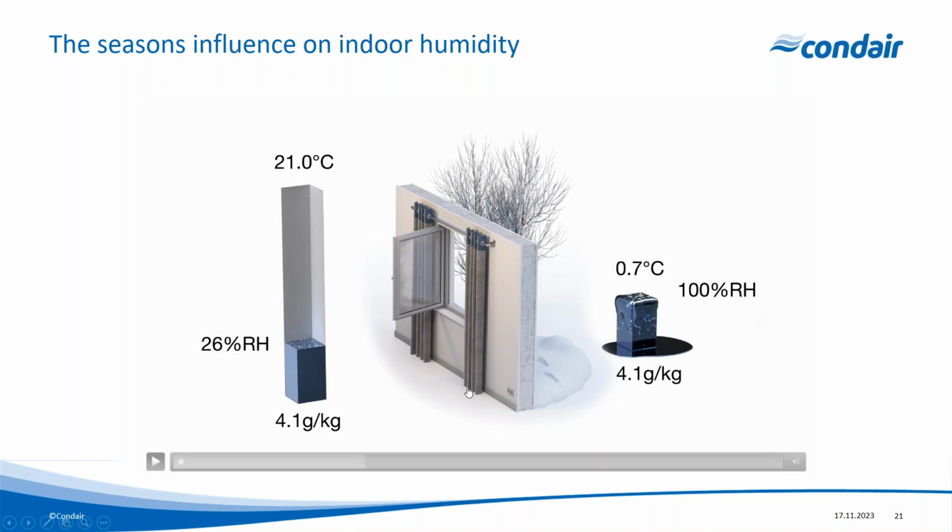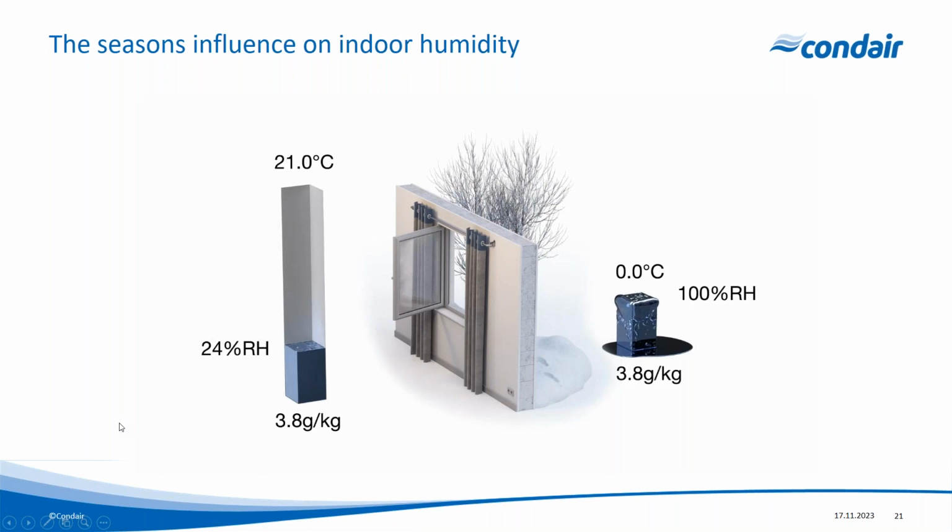But when that air then comes into the inside environment, my temperature is maintained at 21 degrees C, but my absolute moisture content is reduced. So my percentage saturation will fall and I will get dry air.